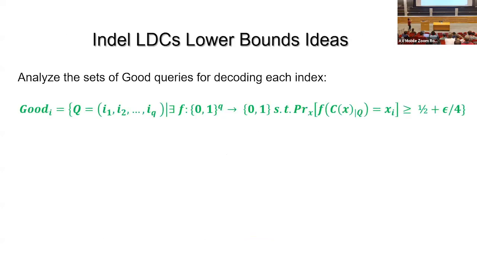Okay, so the way we think about our lower bounds is, we're looking at this set for each index i, each message bit i.